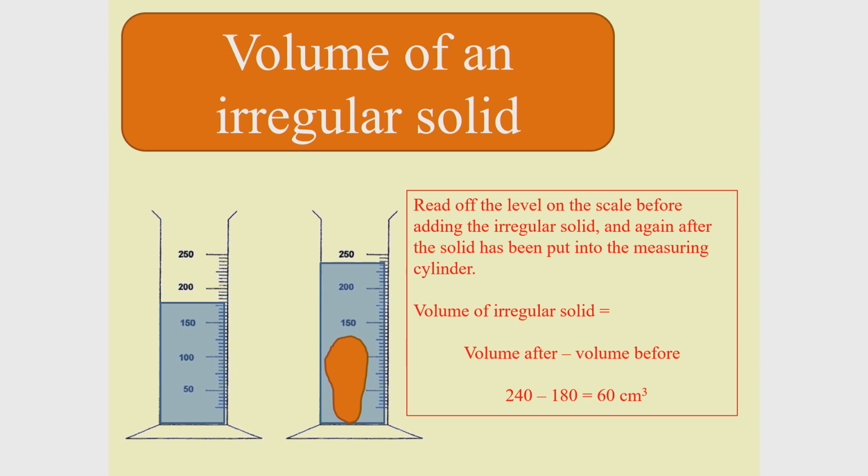Our irregular solid, here a stone, is fully immersed in our measuring cylinder. Our new volume is 240 centimeter cube. Therefore, the volume of our stone is 240 minus 180, which gives us 60 centimeter cube.